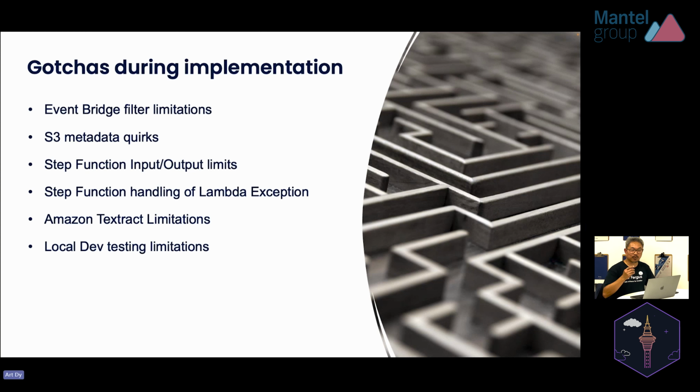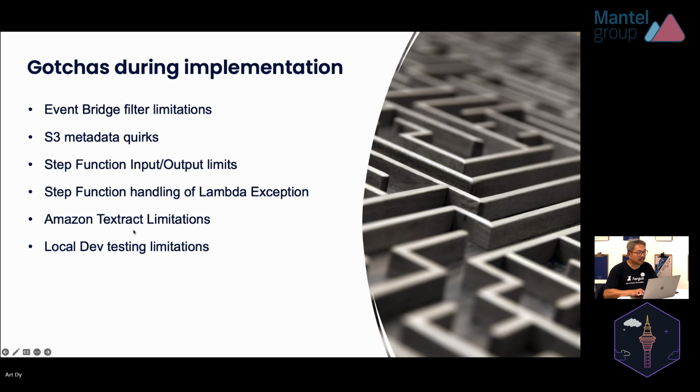You have to throw the exception, and only then can the step function recognize that there's an error and go to whatever retry logic you have. If it's just a reply, it just goes through. If you say 404, it doesn't recognize that it was actually an error coming from the lambda.